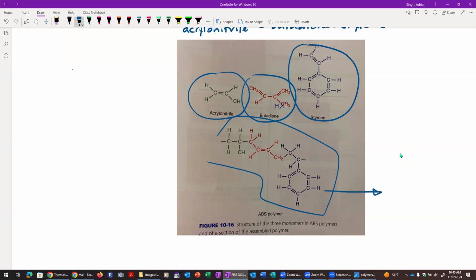So the ABS is tough, hard, and heat resistant. But for example, the pure butadiene, so this, for example, is very rubbery. So kind of elastic on its own. Styrene, polystyrene, for example, has a smooth finish but is brittle.